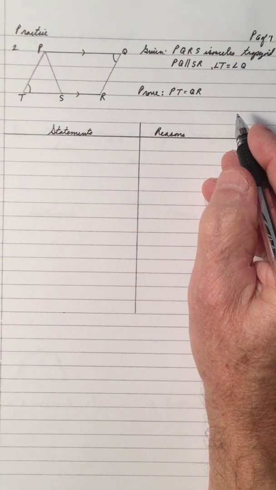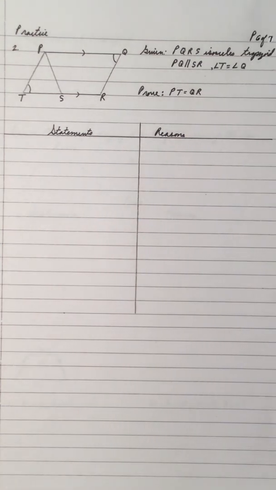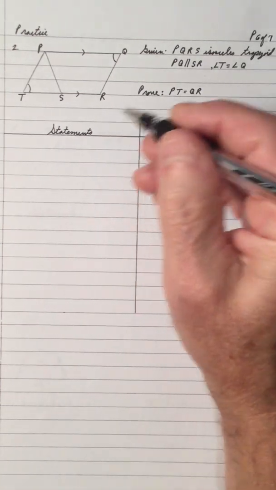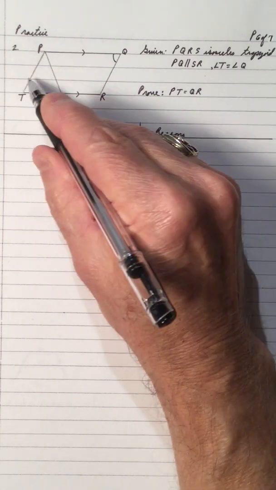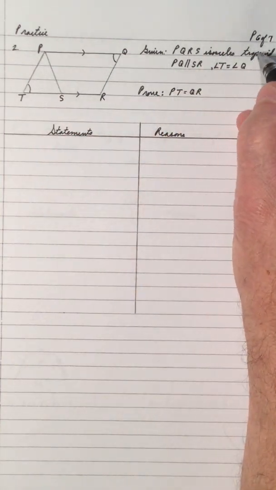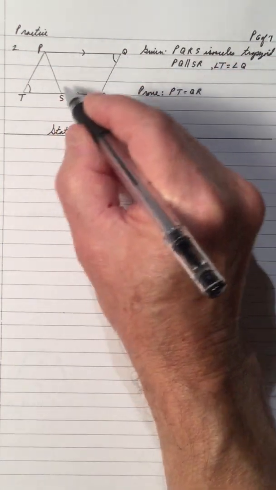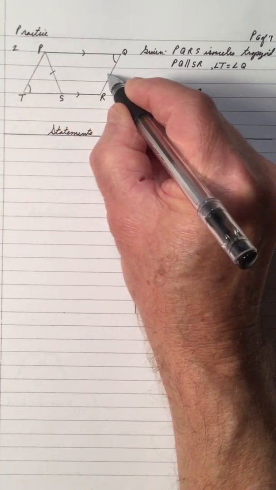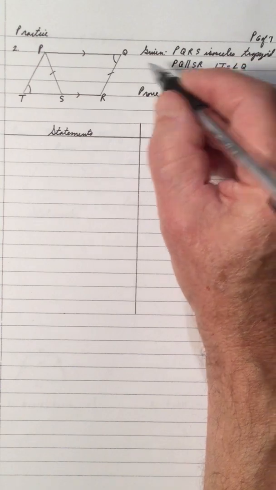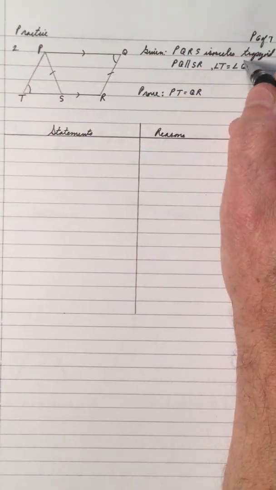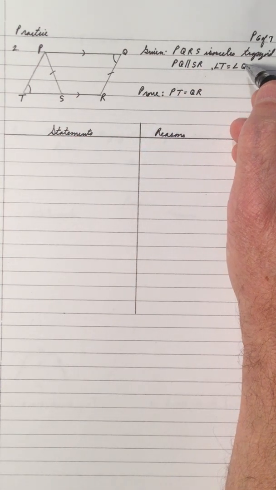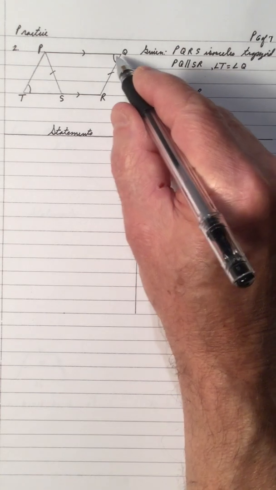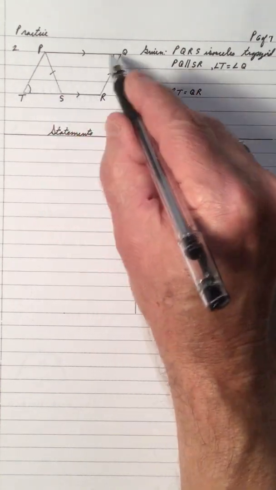So how are we going to prove that? So we look it over and we say, how can we get these two sides? Well, because we have an isosceles trapezoid, I can see the parallel sides, and now I can also see that PS is equal to QR. PS equals QR because of isosceles trapezoid definition. And why did it give me these two angles?